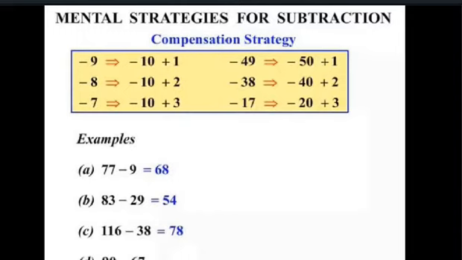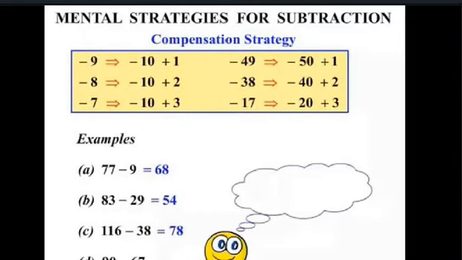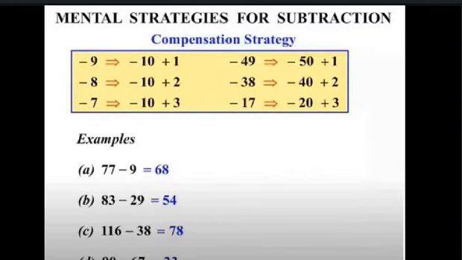Fantastic. 90 minus 67. Let's start thinking. 67 is pretty close to 70. So we take away 70 from 90 and then add 3. 90 take away 70 is 20 and now add 3. So the answer is 23. Okay? That's great.